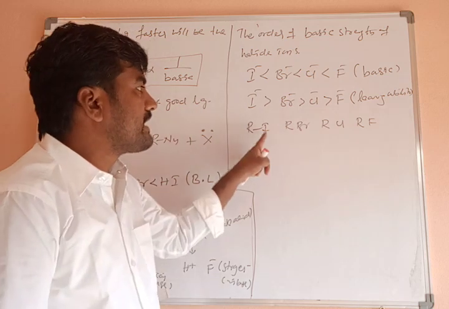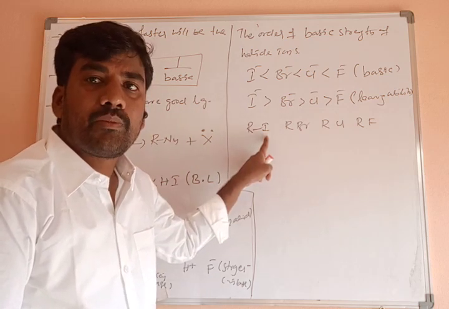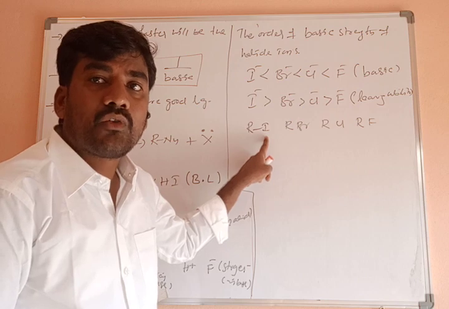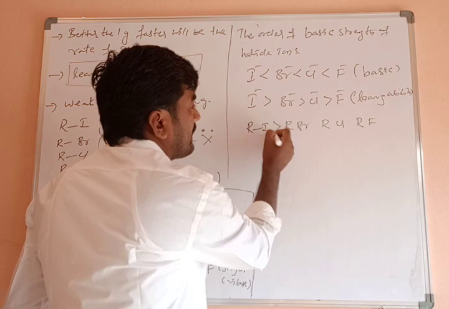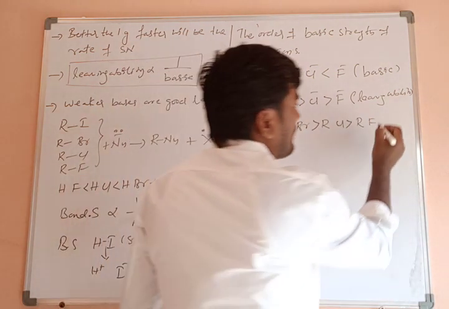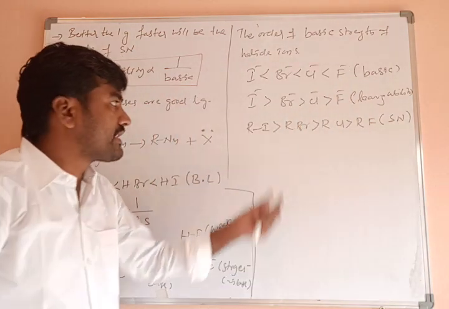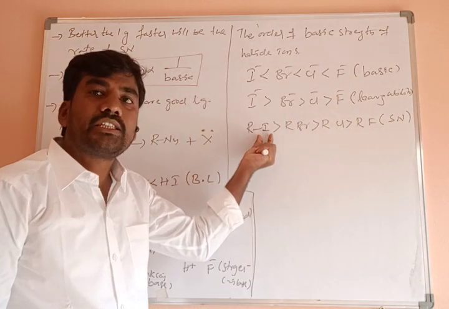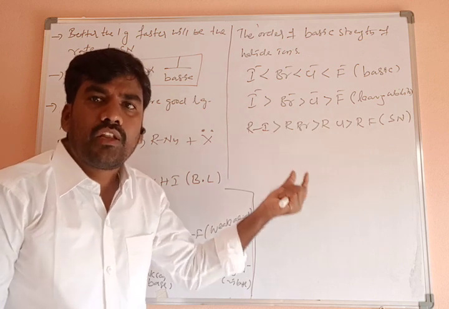Which is leaving easily here? I minus leaves easily because it is the weakest conjugate base. So the reactivity towards SN is RI greater than RBr, greater than RCl, greater than RF. This is the rate of the substitution reaction. We can substitute the iodide ion easily because it is the weakest base. Weak bases are good leaving groups.